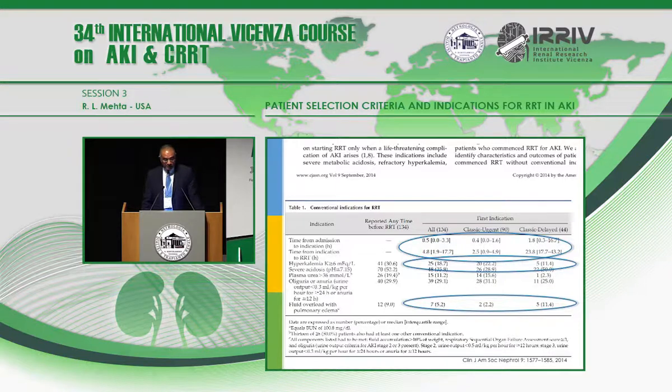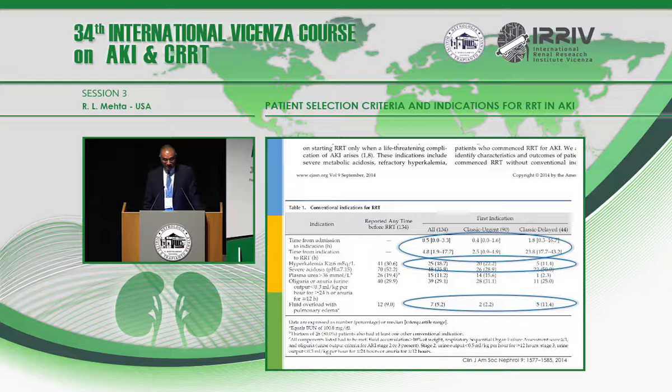But when you look at the time from indication to RRT start, the ones who were delayed started about a day later. And you see here the number of patients who have different elements. The incidence of hyperkalemia is not as different, but the incidence of acidosis is markedly worse in those patients who are the classic delayed.